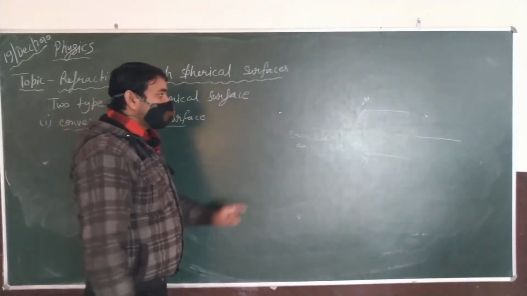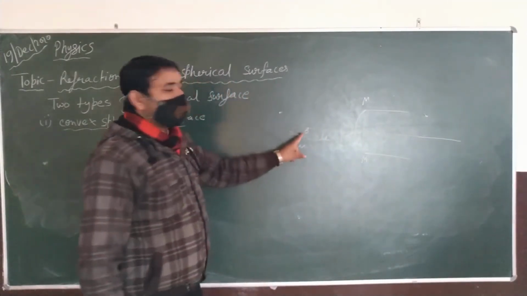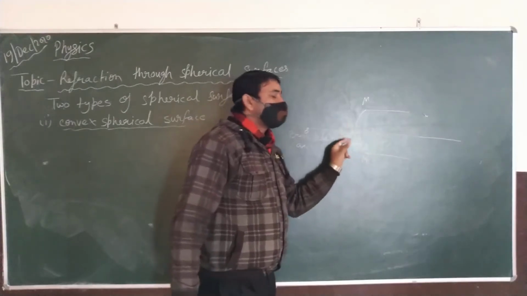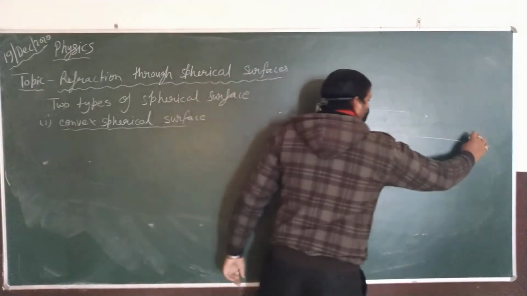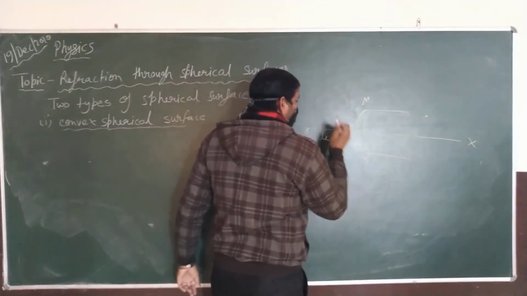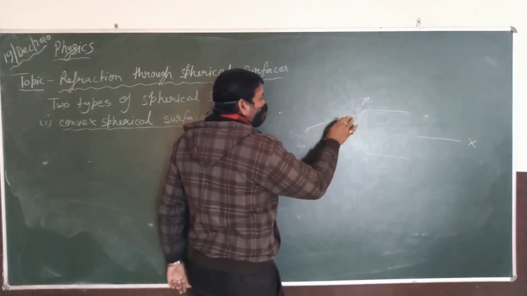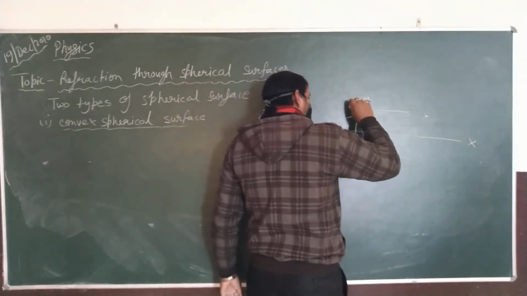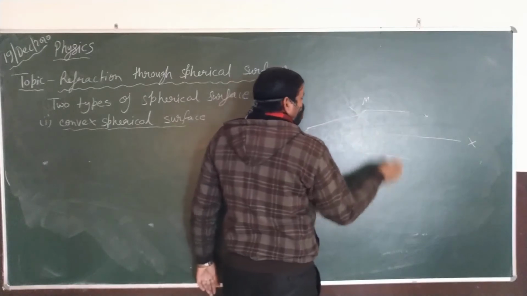Now, let's say we have a point object which is located on the principal axis at O and two rays traveling from O. One is normal to the spherical surface, which goes undeviated in a straight line along the principal axis toward C. Now the second ray is traveling at an angle and falls on the spherical surface, making an angle with its normal, the line from the center of curvature.